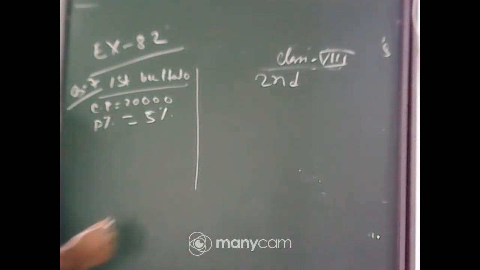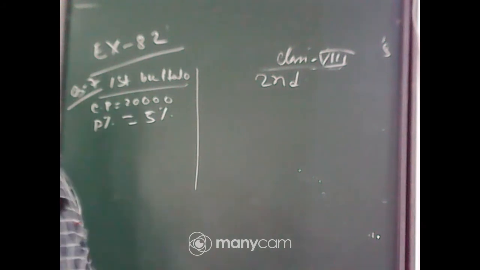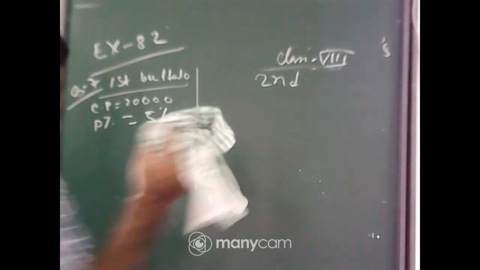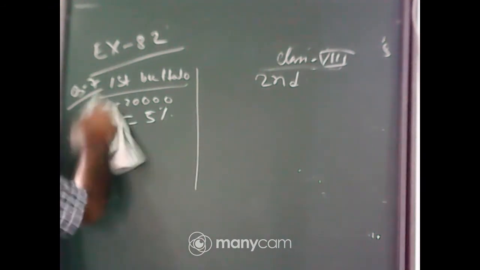Oh, that is the sold price. 20,000 is the selling price, not the cost price. That is the selling price.